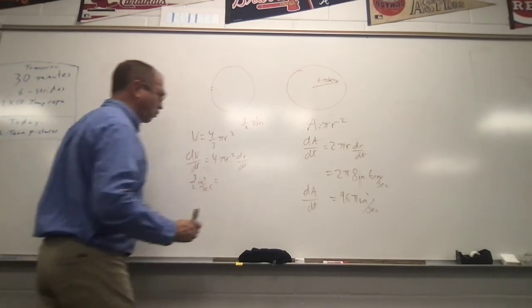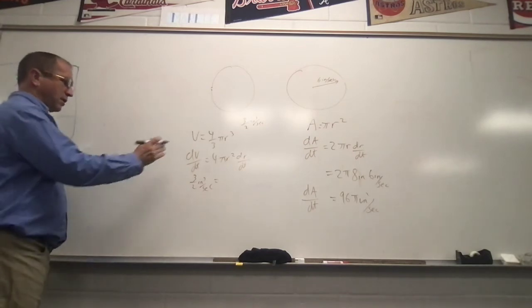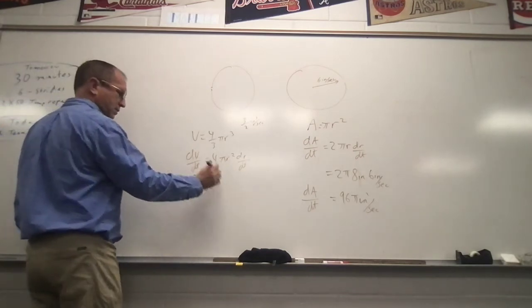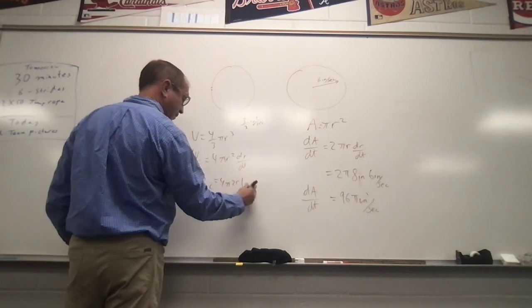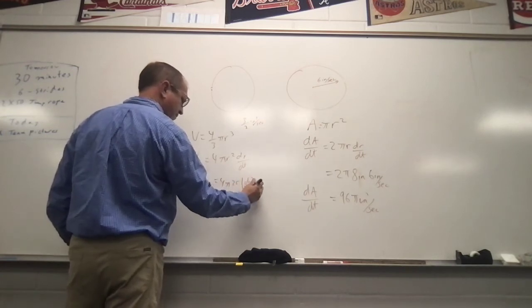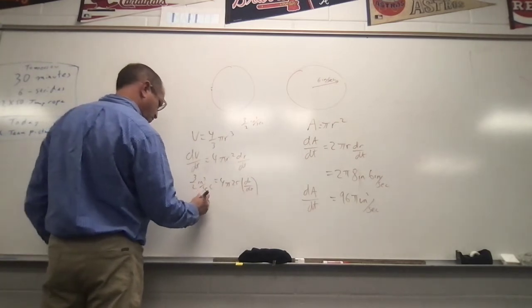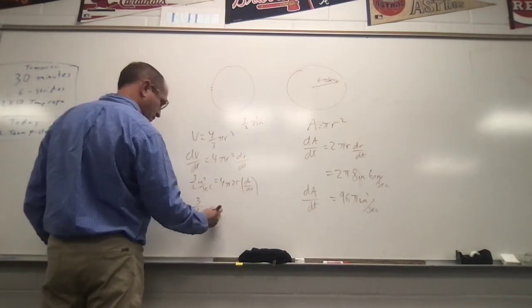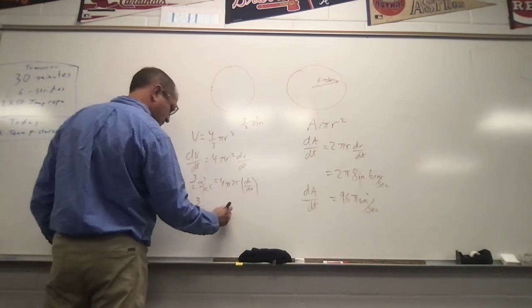So it's going to equal to what here? No, we've already done the derivative, sorry. So it's 4 times pi times 25 times dr dt. So we get 3/2 over 100 pi equals dr dt.